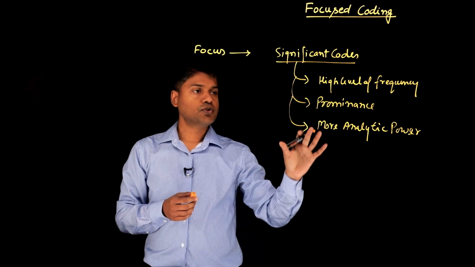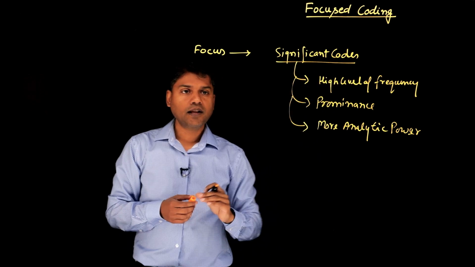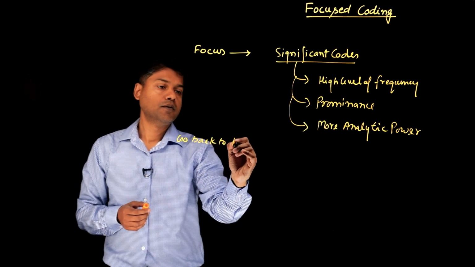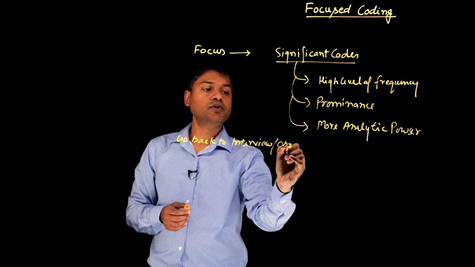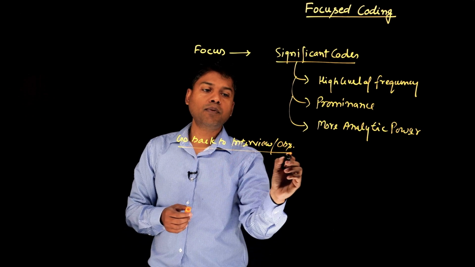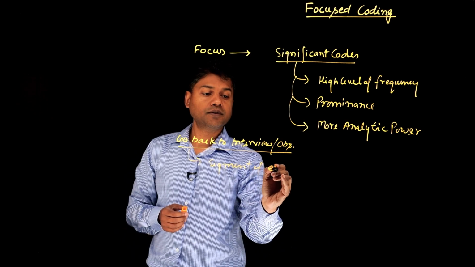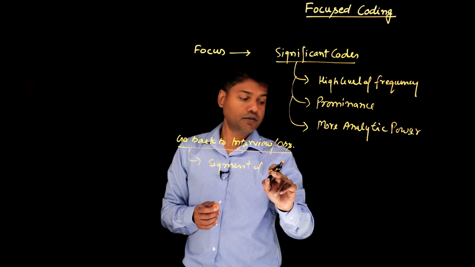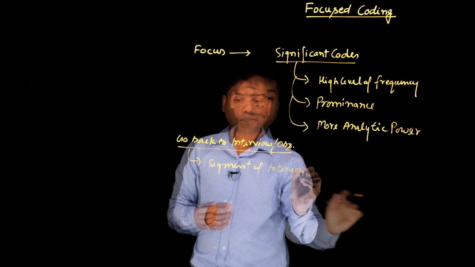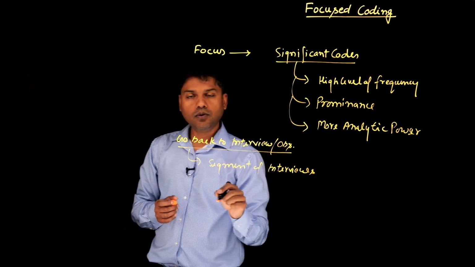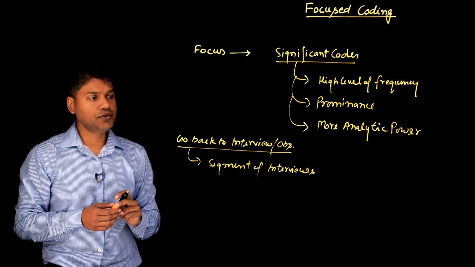Let's say you selected some codes which you think are very significant, and then you go back to the data, maybe your interview data, or observation data. You go back to the segments of the data and look at them again.